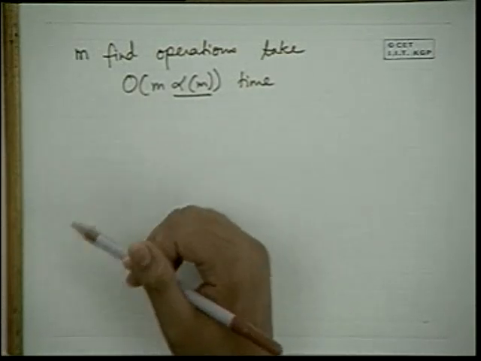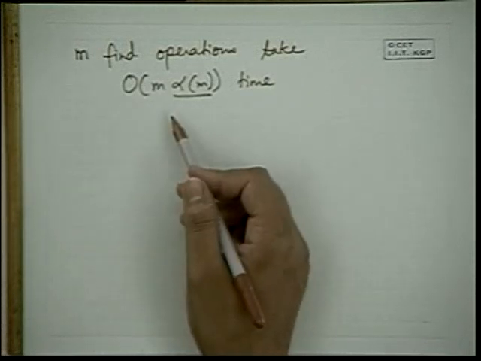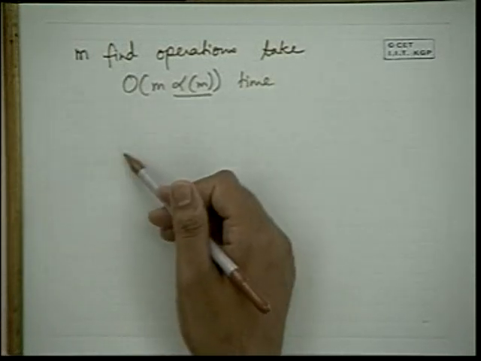But now you have m union and m find operations, both of them take only order m alpha m. So amortized complexity, this is the best so far we have got for both the operations. But mind that in the worst case one operation can be very bad, as bad as order n. But for order m operations it will be very good.